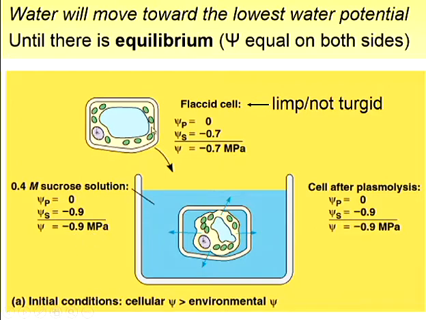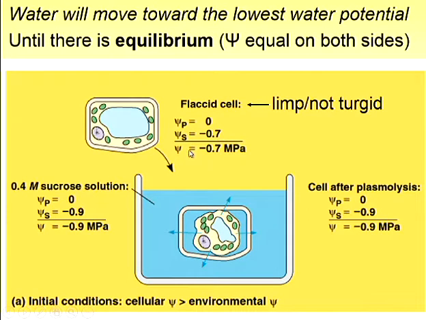Now if we look at our cell, it has an overall water potential of minus 0.7 megapascal. And we know it's flaccid, so that means there's no turgor, so the pressure potential must be 0. Then you know automatically that the solute potential must be minus 0.7, because the sum of pressure potential and solute potential is water potential.